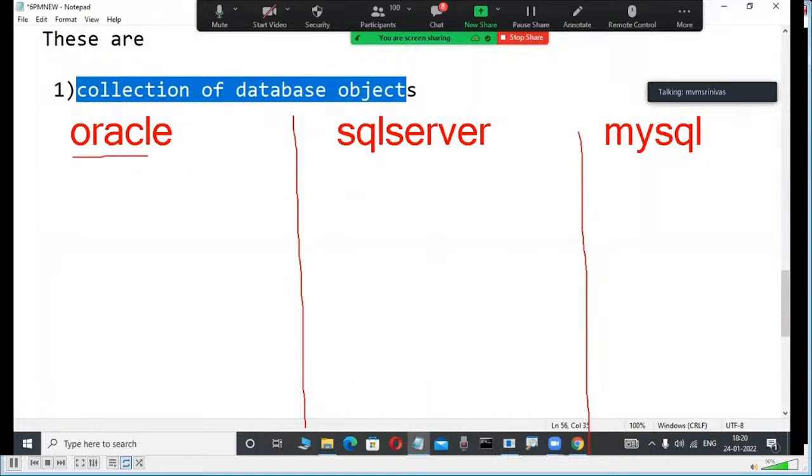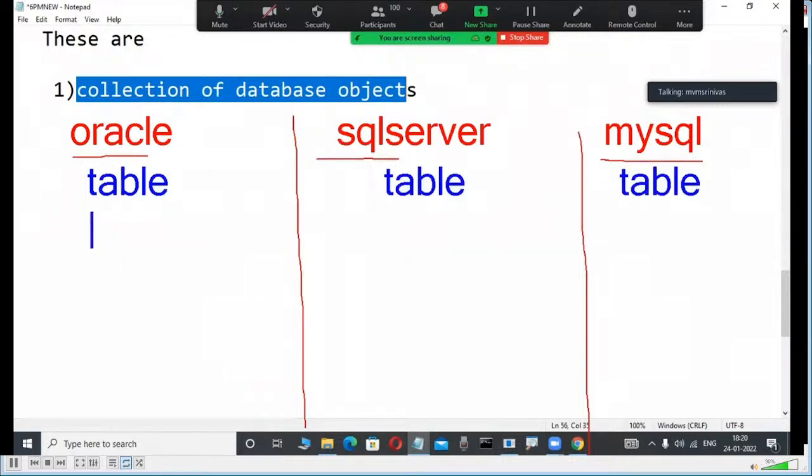But in Oracle, which database objects are available? A table is a database object. Here also a table is there, and in MySQL also. Same. Again, a view is a database object with some purpose. View is there here also, and here also.